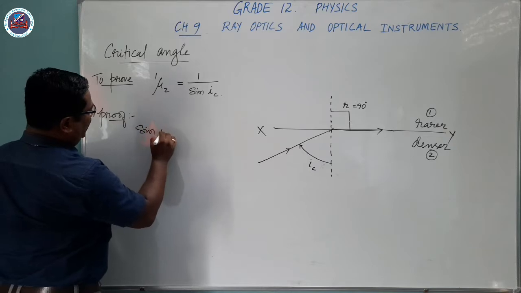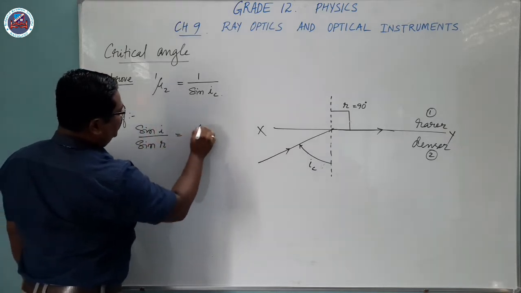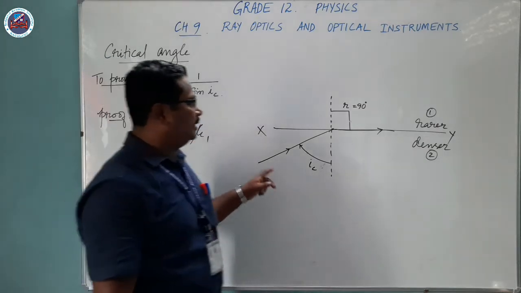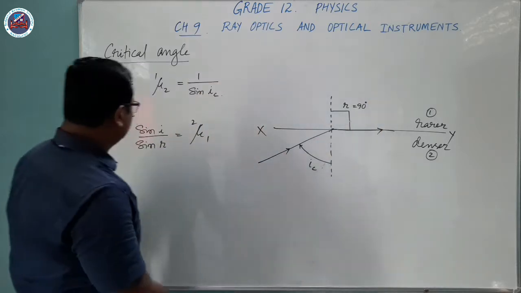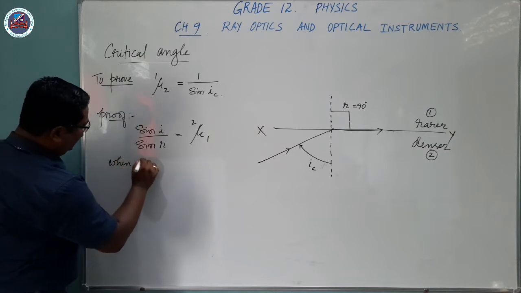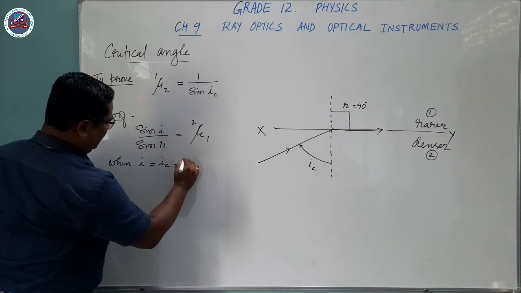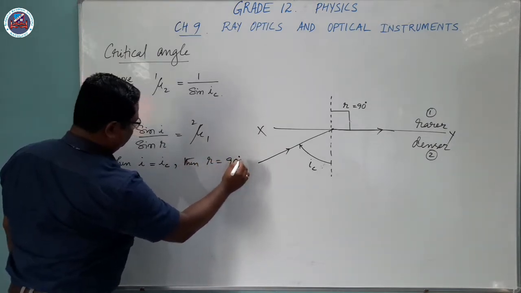sin I by sin R is equal to refractive index of first medium with respect to second. Light is entering from denser to rarer. Then it will look like this. When I, the angle of incidence, becomes equal to the critical angle, then the angle of refraction is 90 degree.